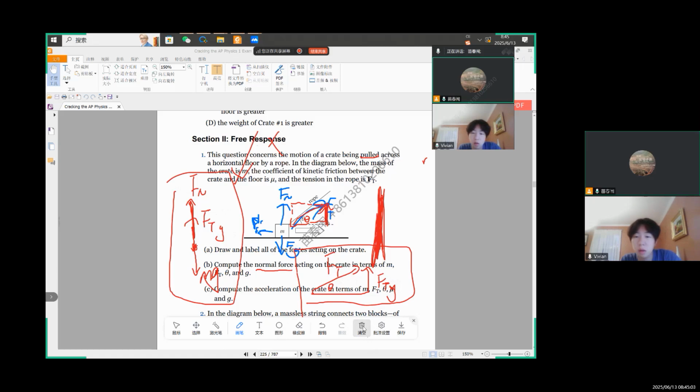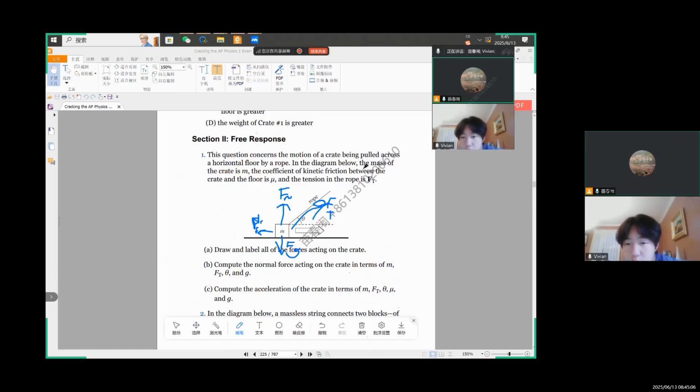Let me draw a better one. Better one is this. I'm going to make components, right? So this is the total force. I'm going to make two components, normally always horizontal and vertical, not always, but normally it's the perpendicular one that I like to use, right? Does that make sense? This is FT.